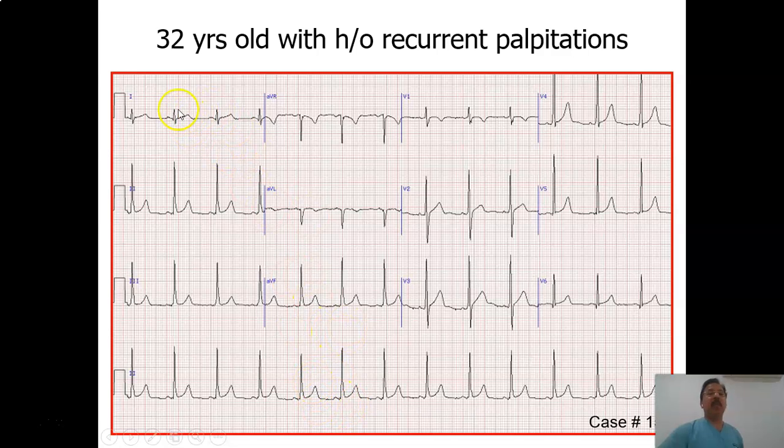Axis, normal axis in lead 1 and aVF. Hypertrophy: P waves are not tall, so no atrial hypertrophy, no ventricular hypertrophy, maybe borderline, but not a gross hypertrophy, no right atrial hypertrophy.